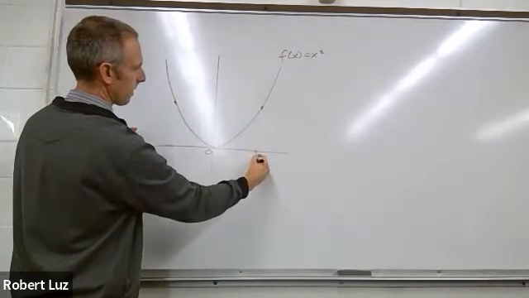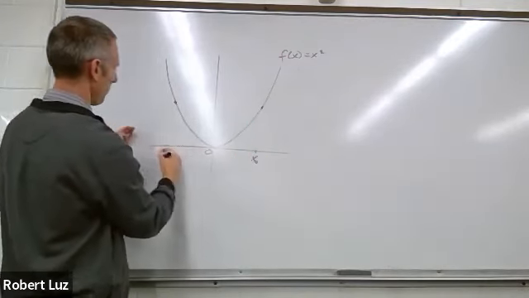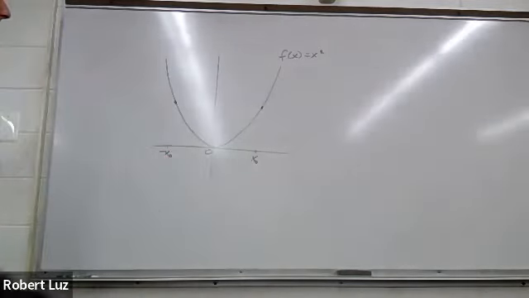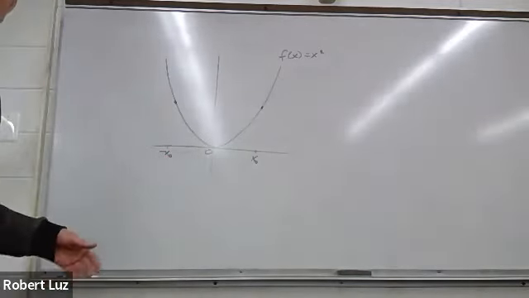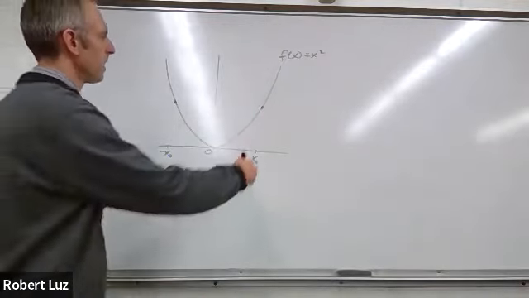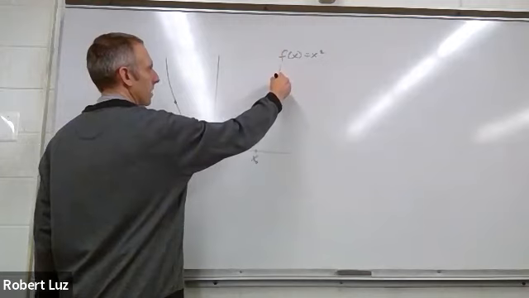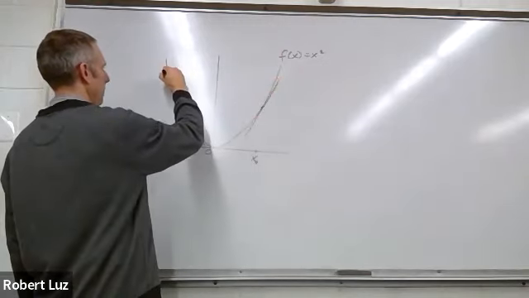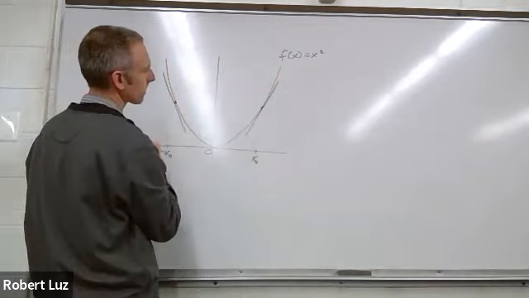This is, let's call it x0, and negative x0 over here. If you know a little bit of calculus, that's pretty much the starting point. You get a tangent line there and a tangent line over here.